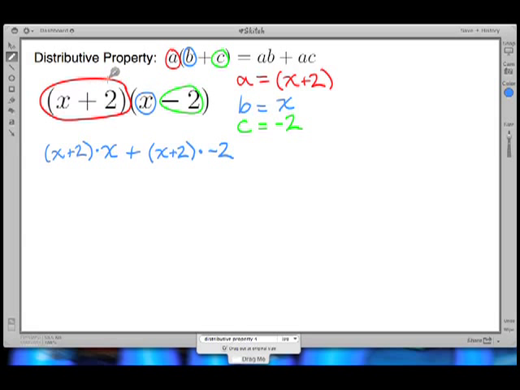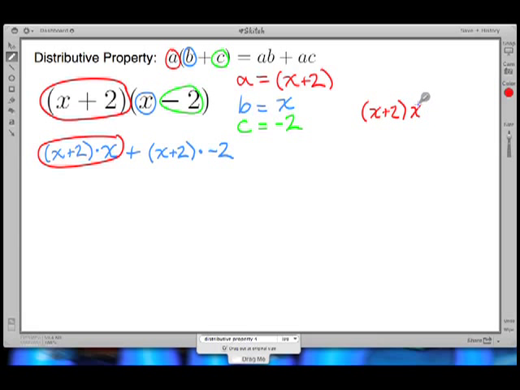In fact, if we just look at this section right here, I'm going to rewrite that over here. X plus 2 times x. You can see that we can simplify this using the distributive property. X is outside the parentheses and is being multiplied by both things inside.